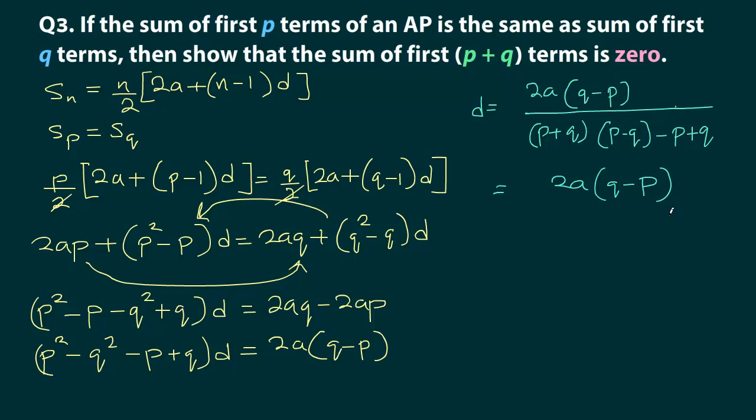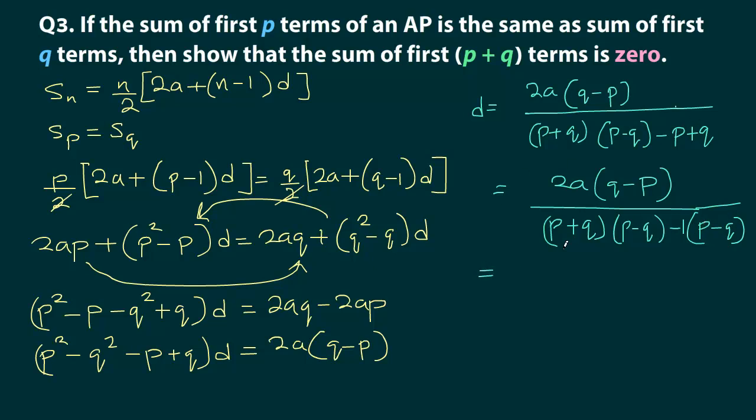So we can write the denominator as p plus q times p minus q, and this as minus 1 times p minus q. Because if we take minus 1 common, it will be p minus q. If you open this, it will be minus p plus q, which is what we have here.